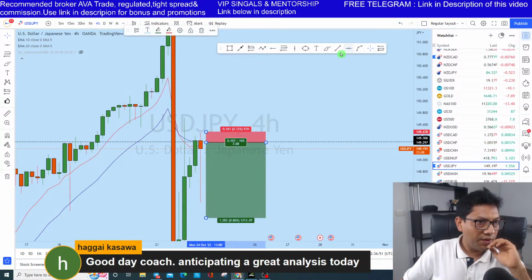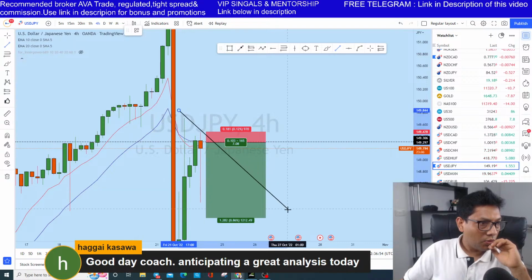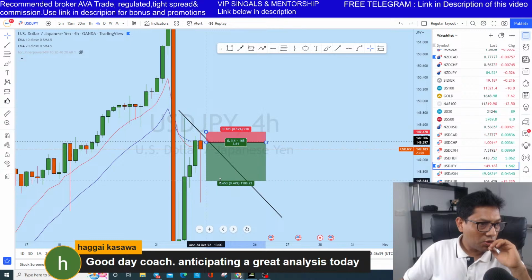Okay, so from this trend line we might see a movement in dollar yen.